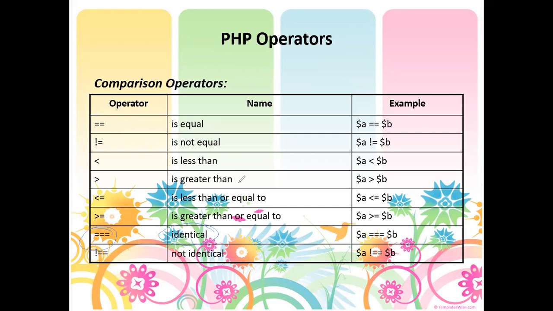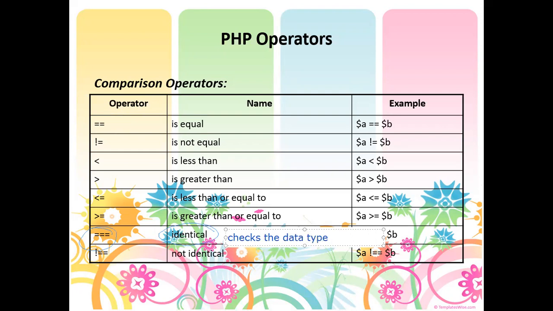It's checking if it is identical. How does it do that? It does it by checking also the data type. So not just the value. So it also checks the data type, if they are also the same.